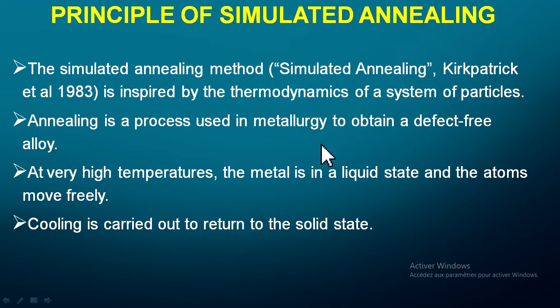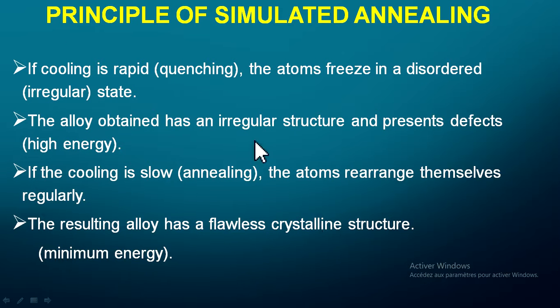Annealing is a process used in metallurgy to obtain defect-free metal. At very high temperatures, the metal is in a liquid state and the atoms move freely. Cooling is carried out to return to the solid state. If cooling is rapid, quenching, the atoms freeze in a disordered, irregular state.